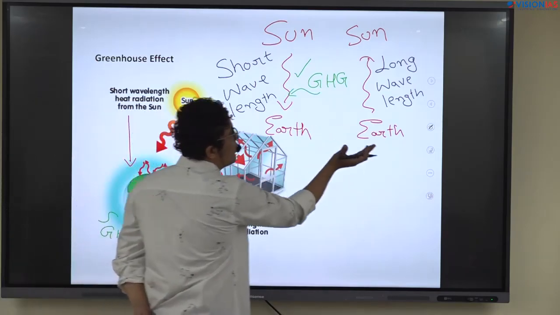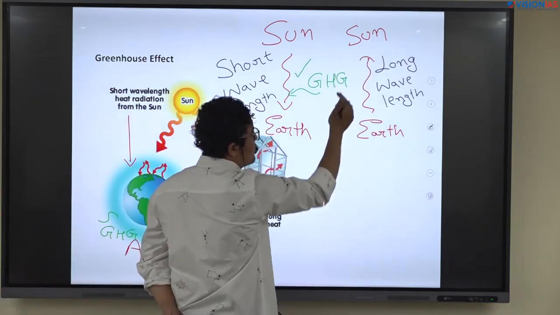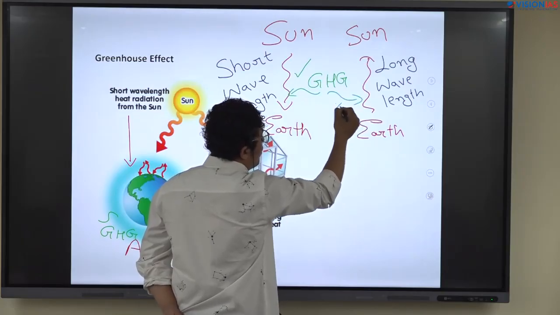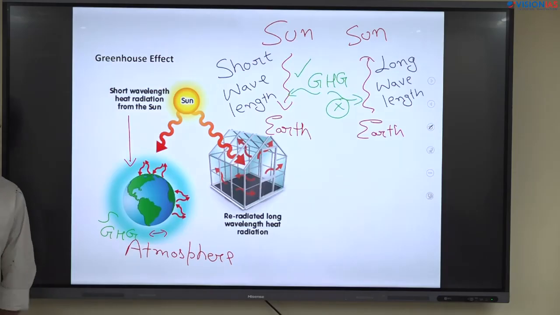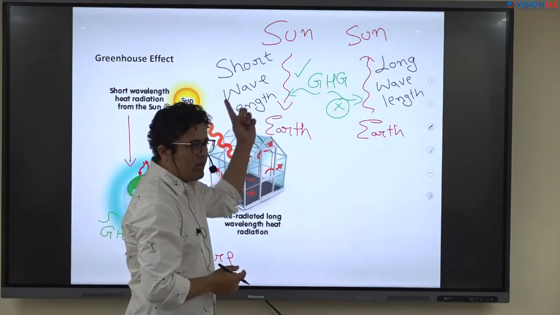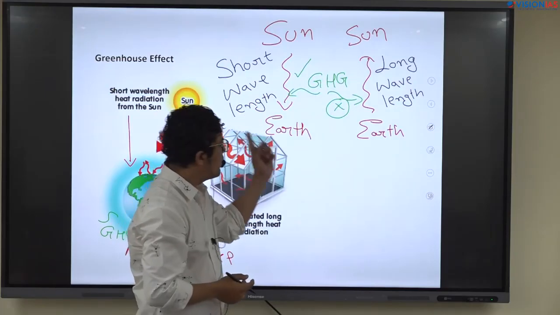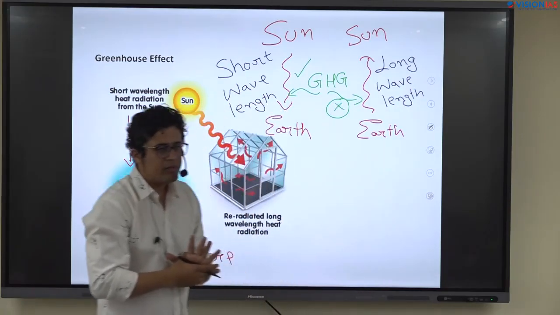But when Earth sends this radiation back, greenhouse gases block it. They will not allow it to pass. They will trap this radiation, because greenhouse gases allow the short wavelength radiation but block the long wavelength radiation.